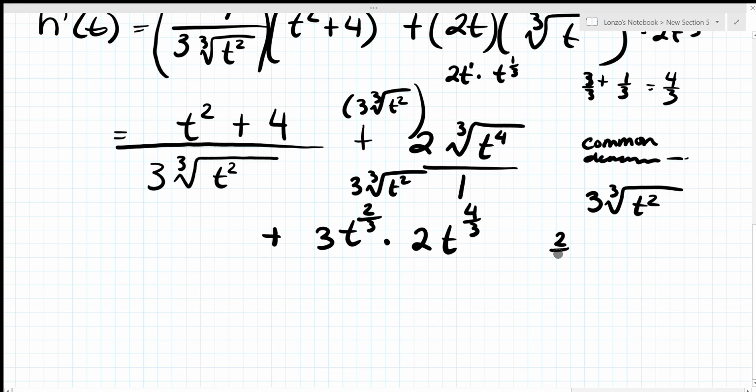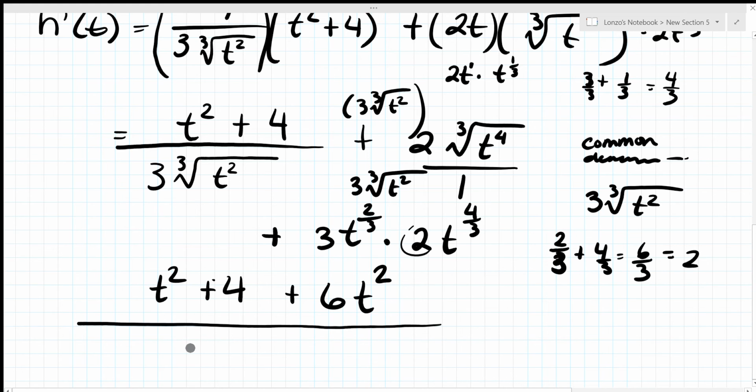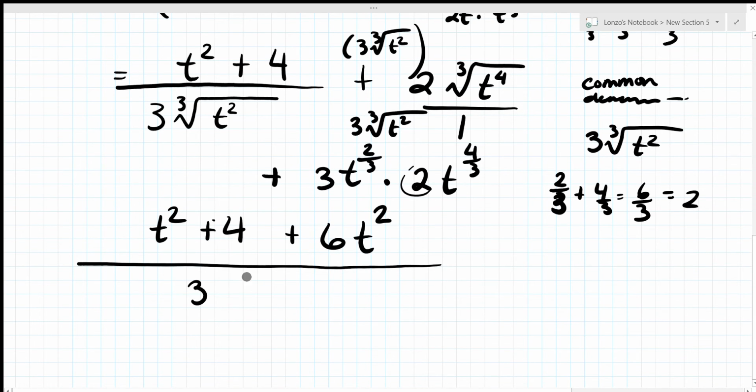So 2/3 plus 4/3 is 6/3, which is just 2. And then you have to multiply the coefficients, so this is going to be plus 6 times t to the 2nd power. And then just bring this over, so the numerator is going to be t squared plus 4. And then you just divide it by the common denominator, which is 3 times the cube root of t squared.